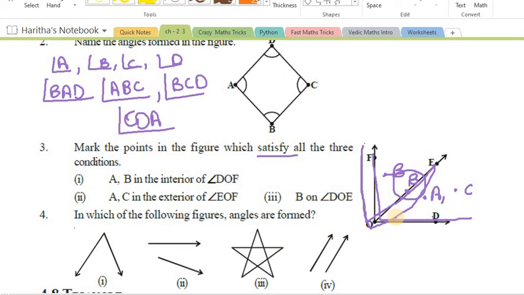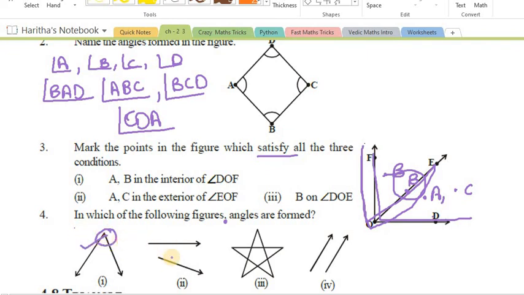Okay, good. Now the next: in which of the following figures are angles formed? So in which figure can you see an angle is formed? Because the definition of an angle is two rays must join at a common point, then only an angle is formed. So that is the reason for the first picture, because here you are going to get an angle.